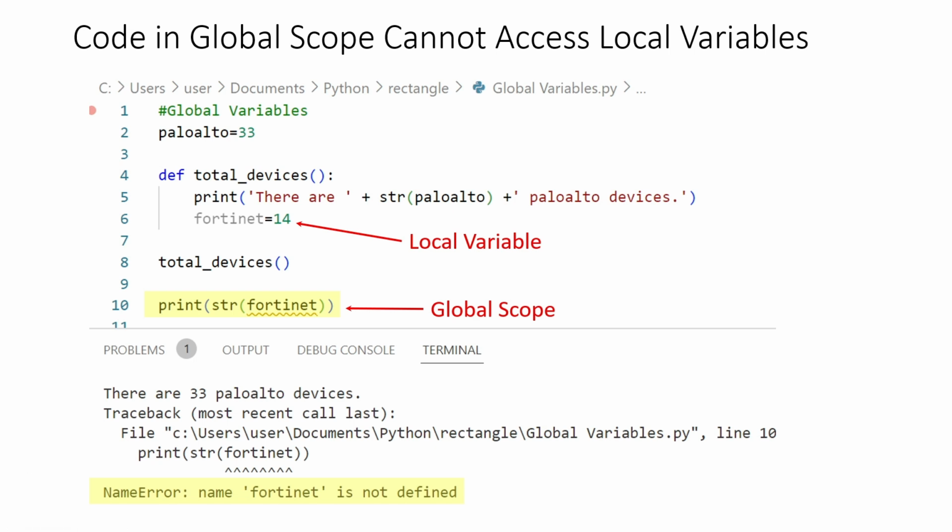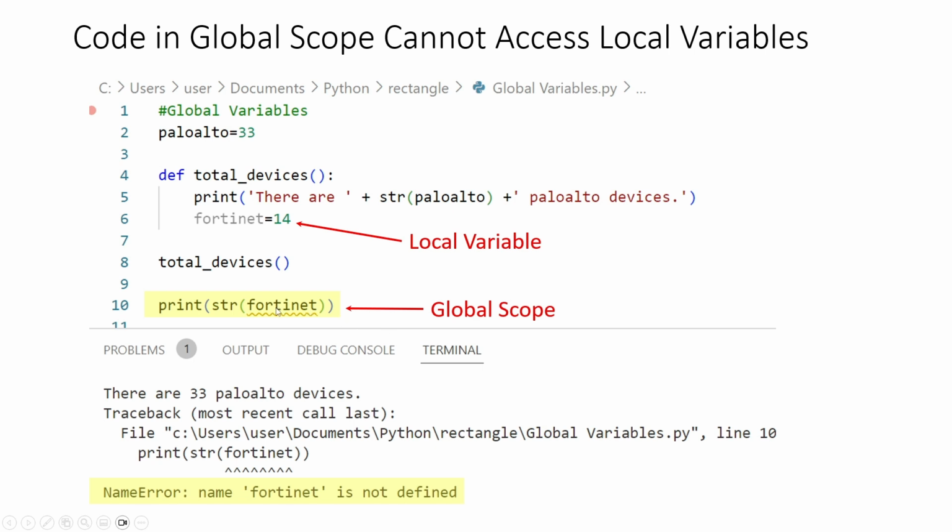In this example, we have a global variable, Palo Alto, and that's going to be equal to 33. If I want to print something, I can call the Palo Alto variable here because it's global. So a function can call a global variable, and I can create a local variable.